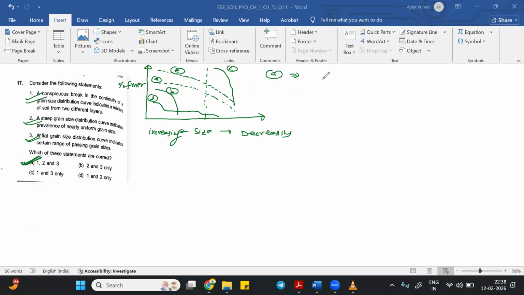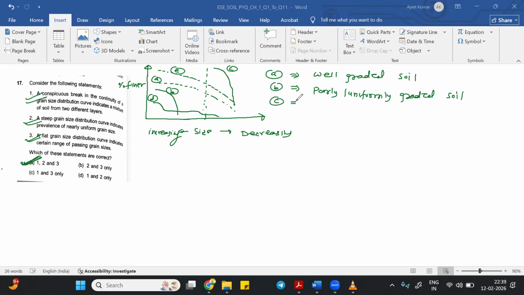What does curve A represent? Curve A represents well graded soil. Curve B represents poorly slash uniformly graded soil.